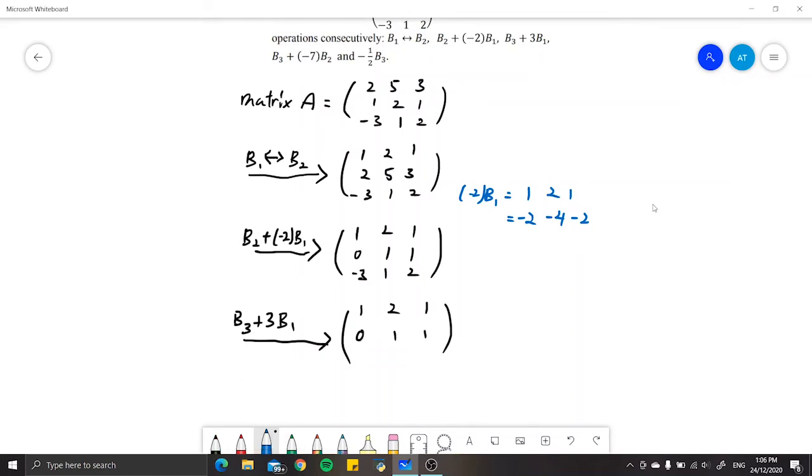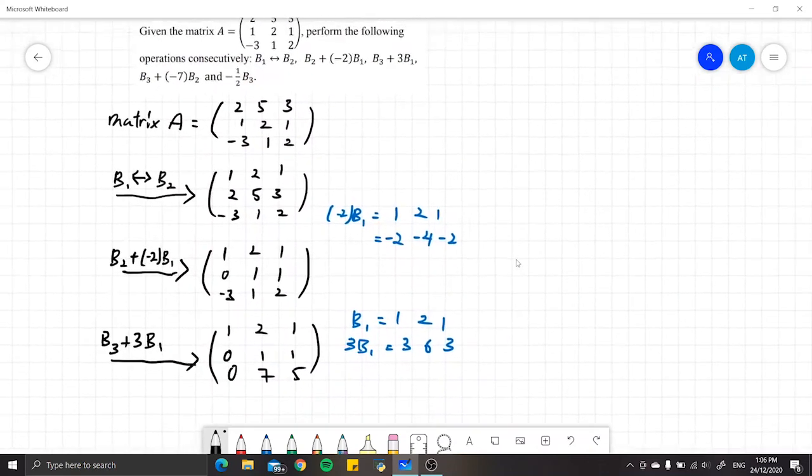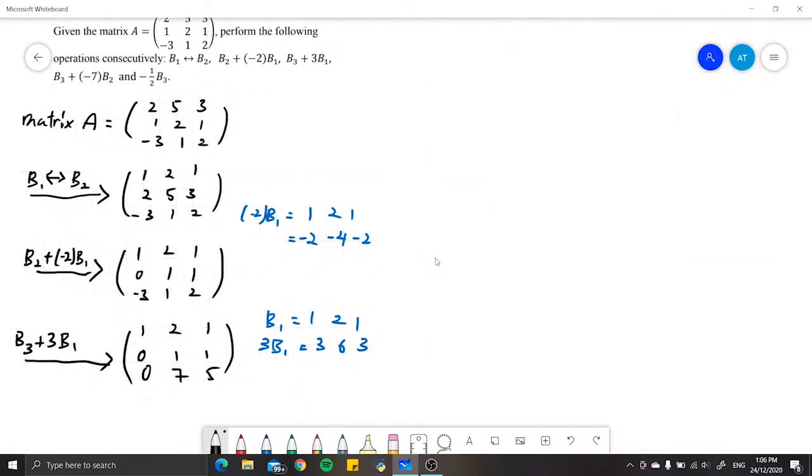R1 is 1, 2, 1. 3R1 is 3, 6, and 3. So R3 plus 3R1, negative 3 plus 3, we get 0. 1 plus 6, we get 7. And 2 plus 3, we get 5. I'll write over here because there's not enough space.